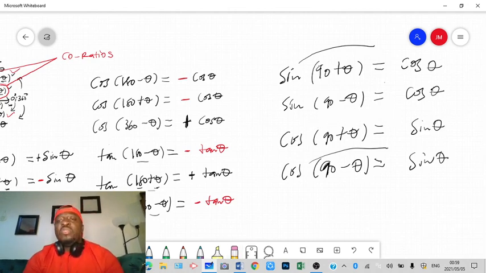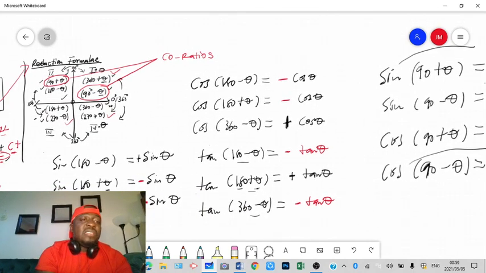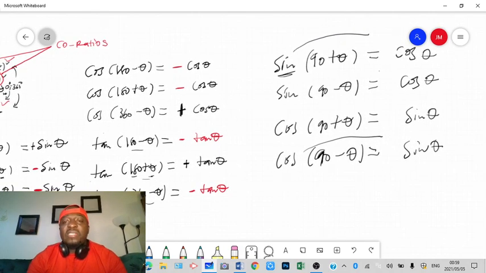So looking at your 90 plus, remember when you go to the diagram, 90 plus is formed in the second quadrant. What is the sign of sin in the second quadrant? Positive. So simplifying sine 90 plus theta in the second quadrant will make this remain as positive cos theta.